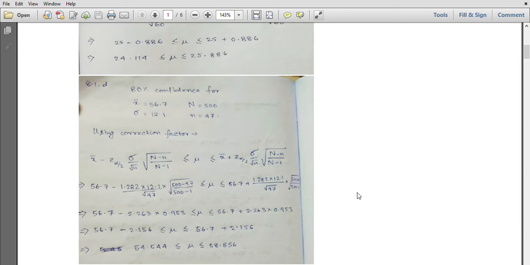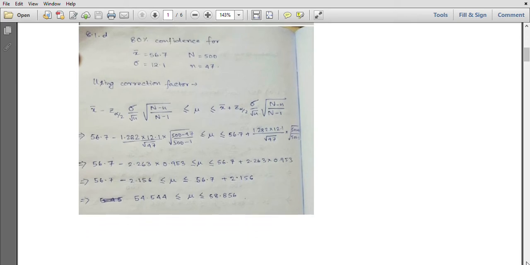In such cases, it's a good idea to remember the z scores at least for 90%, 95%, 98%, 99%. These are the commonly used confidence intervals, so it's better to remember at least the z scores for those levels. And if you have something uncommon, then of course you can make use of the z table.